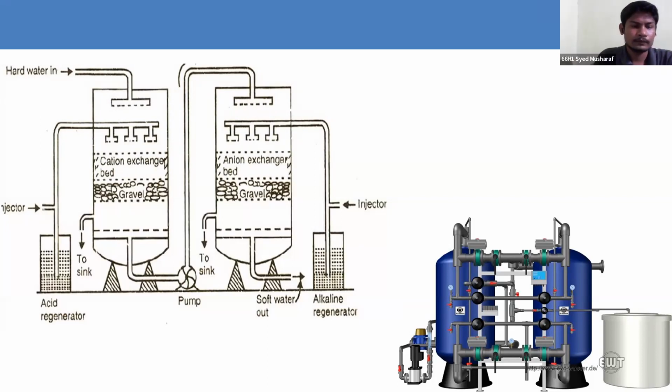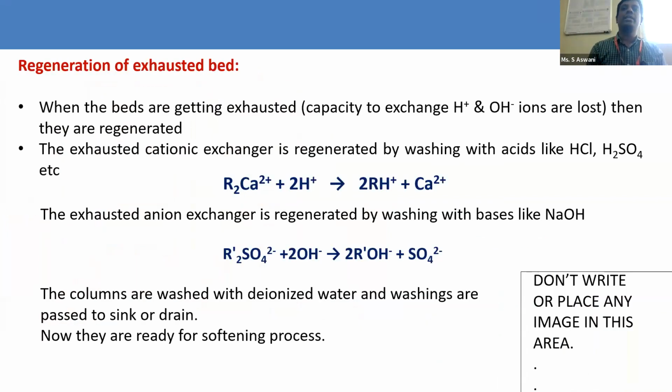After a number of usages, we have to regenerate the cation exchange resin and the anion exchange resin. To reuse the cation exchange resin, we have to use HCl and H2SO4. To reuse the anion exchange resin, we have to use basic solutions like sodium hydroxide or potassium hydroxide.